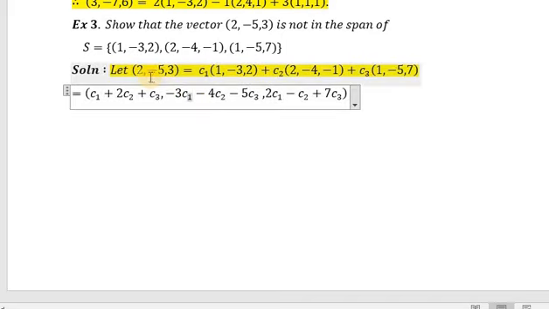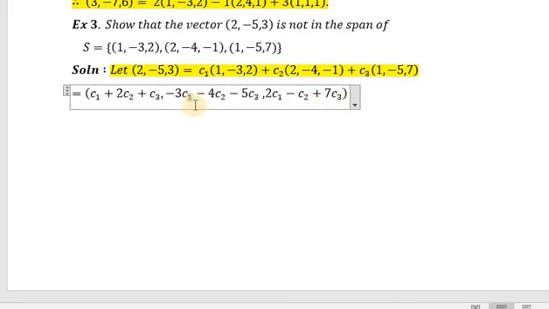Let (2, -5, 3) be equal to C1 of the first vector plus C2 of the second vector plus C3 of the third vector. By simplifying this, we get (C1 plus 2C2 plus C3, -3C1 minus 4C2 minus 5C3, 2C1 minus C2 plus 7C3).